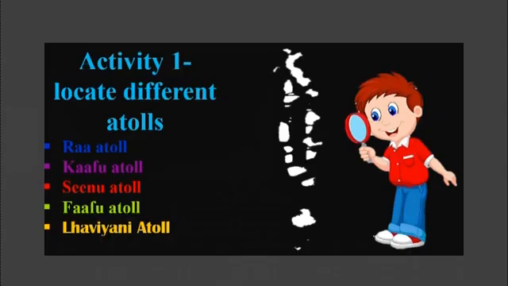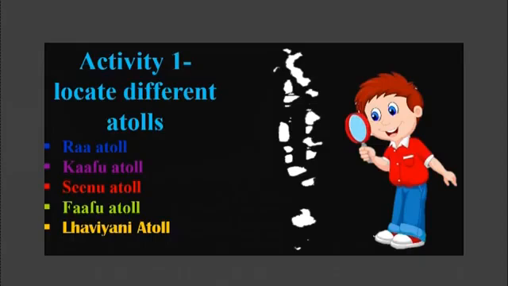The atolls in this slide are Ra Atoll, which is in blue color, Kaafu Atoll, which is in purple color, and you can see Seenu Atoll is in red color, Faafu Atoll is in green color, Lhaviyani Atoll is in yellow color.